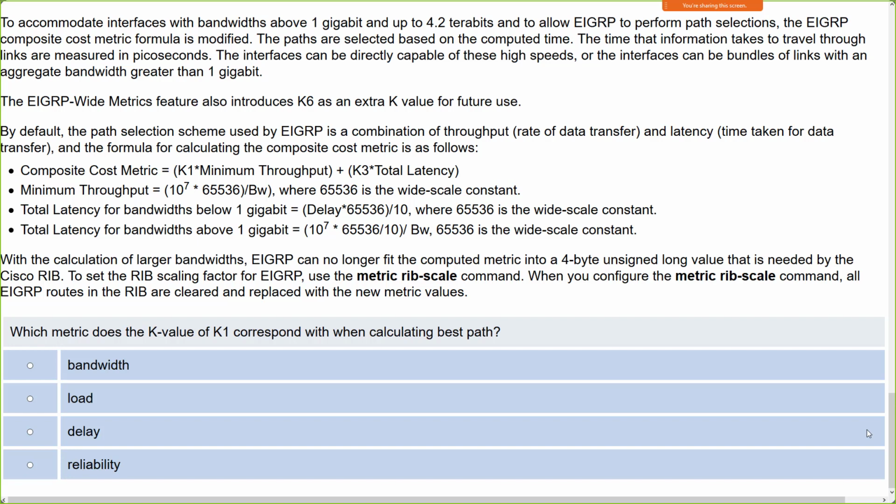Which metric does the K value of K1 correspond to when we're calculating the best path? Well, it's bandwidth, right? K1 and K3 are the only two values that are associated to values that we actually use in the calculation. K1 is directly tied to bandwidth and K3 is tied to delay. All right.